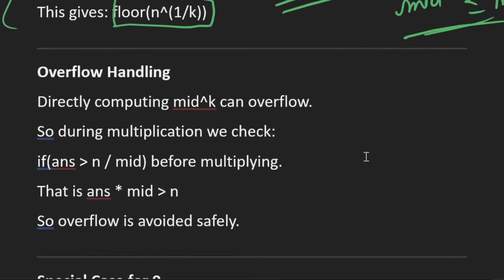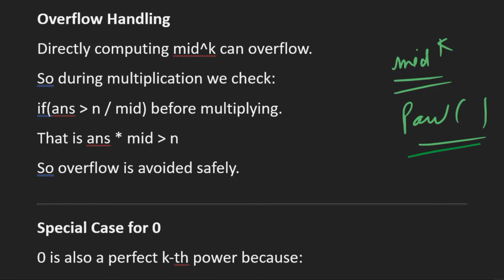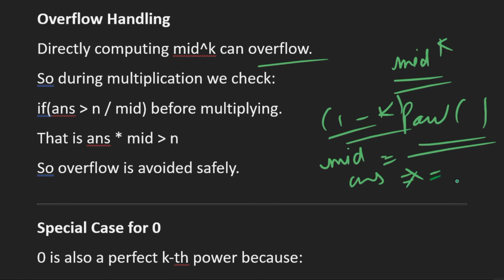And then using binary search we find this value, that is floor of n to the power 1 by k, right? So this way we'll solve this question, but there are some overflow issues. When we try to find mid to the power k, we don't directly use the power function, because that can give us an overflow. So what we do is we use a loop from 1 to k, and every time we multiply our answer with mid, and then we check whether answer into mid is greater than n or not.